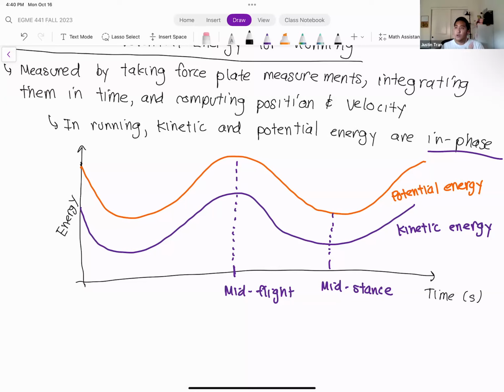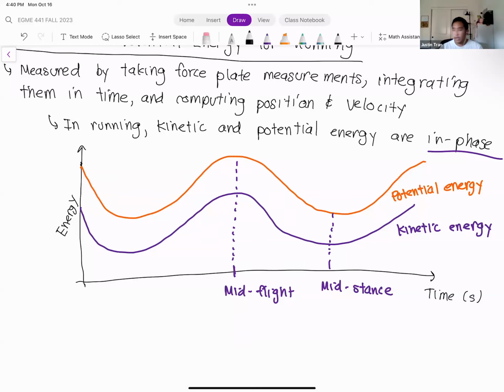If potential energy was highest, then kinetic energy was lowest. Then as you go through the next phase, mid swing, your kinetic energy will be the highest, but your potential energy will be the lowest. And so the total amount of energy in your system during walking is roughly constant, and you're just exchanging energy between those two pools to move yourself forward.